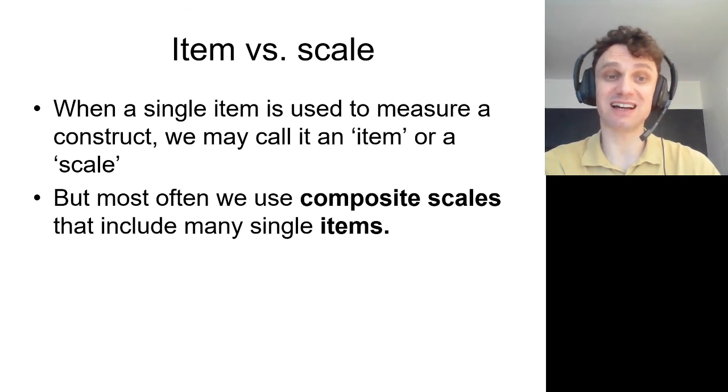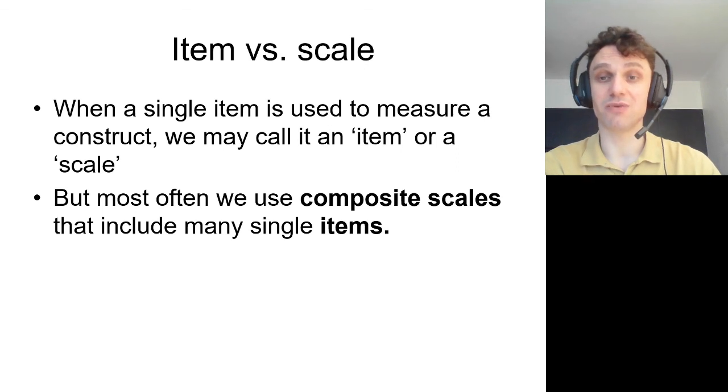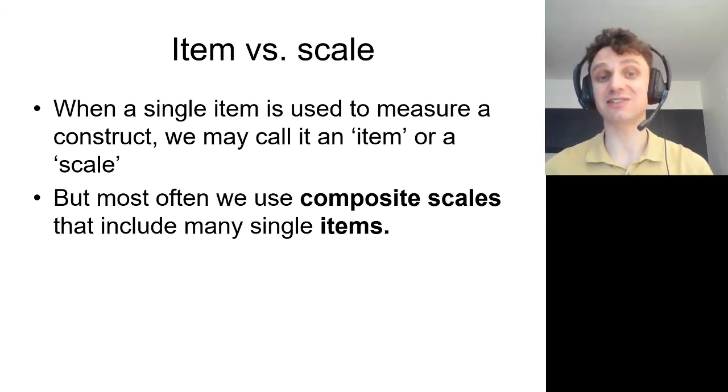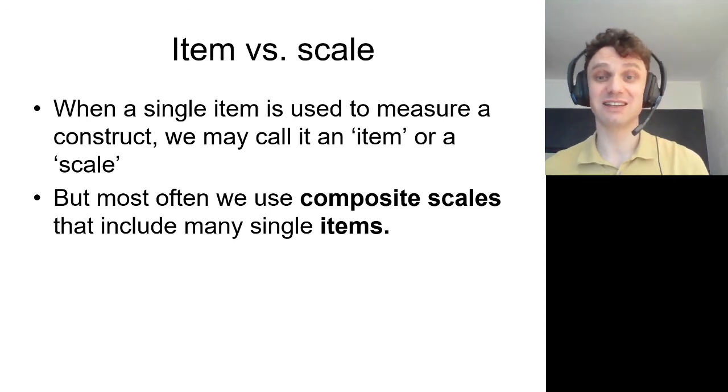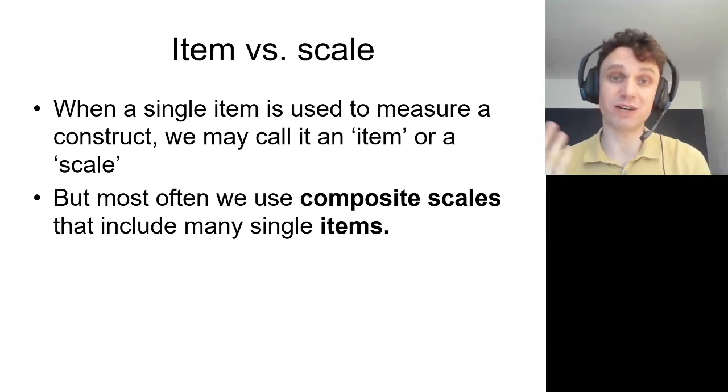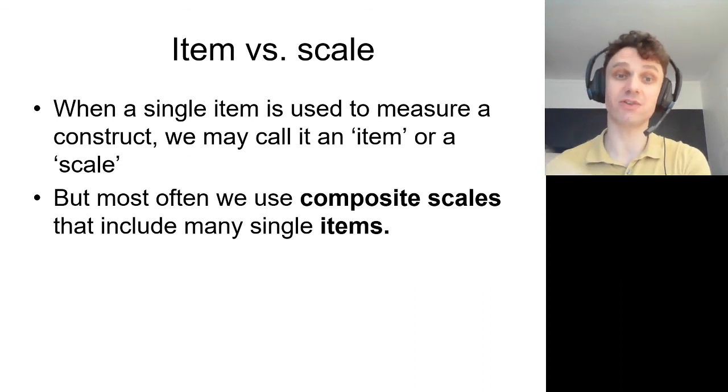But of course, in our practice, this is often not enough. We often use composite scales that include many single questions. And in this case, this single question, we call it an item, and the whole scale we call a scale. Whereas when it's just one question, we can call it either an item or a single item scale.